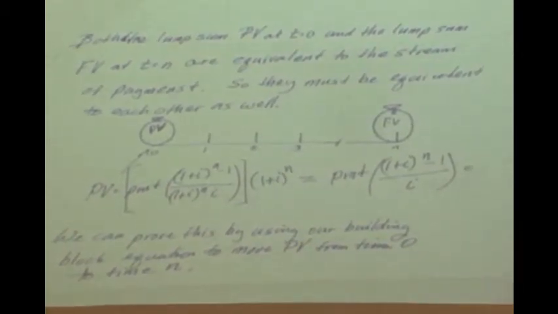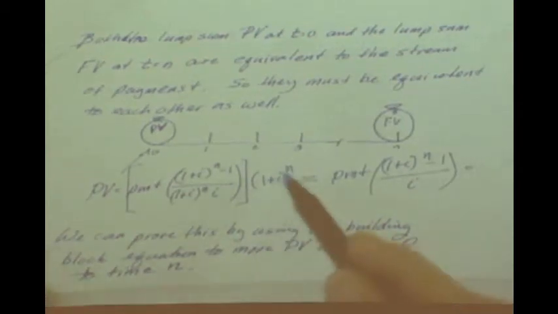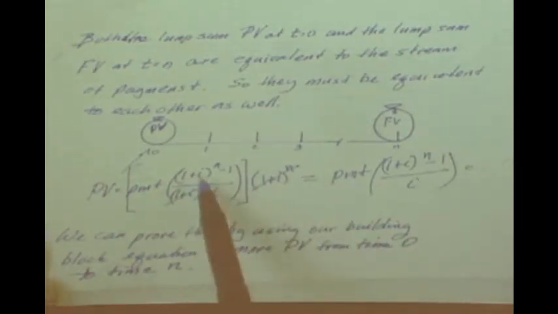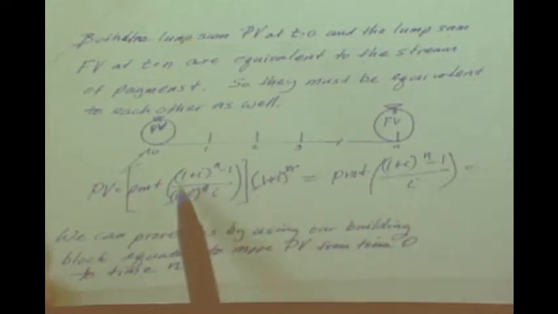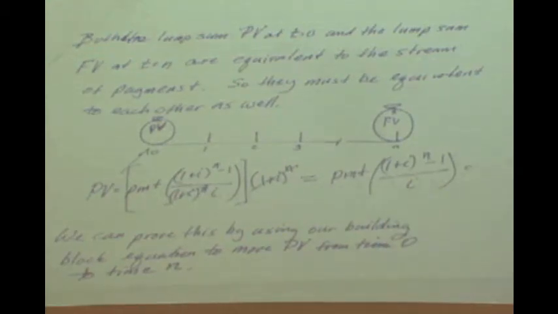And with a little canceling out, we can see that this equation and this equation are equal, once we've moved this present value amount to the time in the future. You can see how easily they're both connected. They're connected by our building block equation.